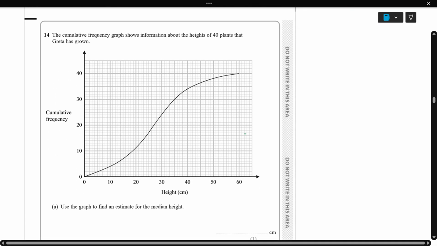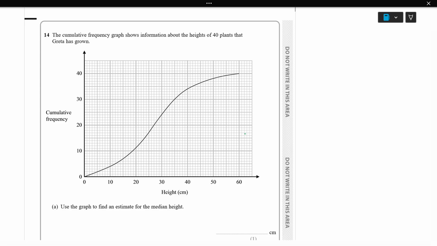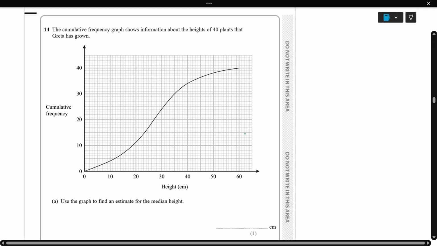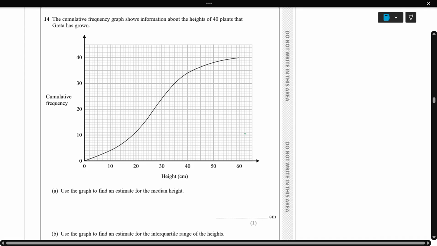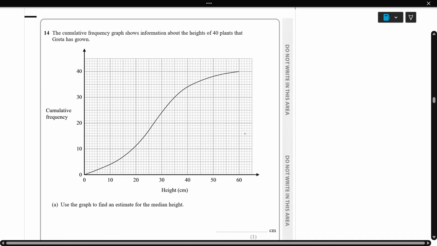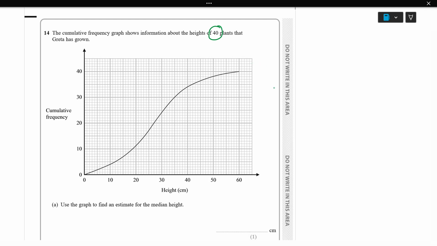Next, the cumulative frequency graph shows information about the heights of 40 plants. Use the graph to find an estimate of the median. We have 40 plants, and the median is half, which is 20. Just draw a line here and go down.